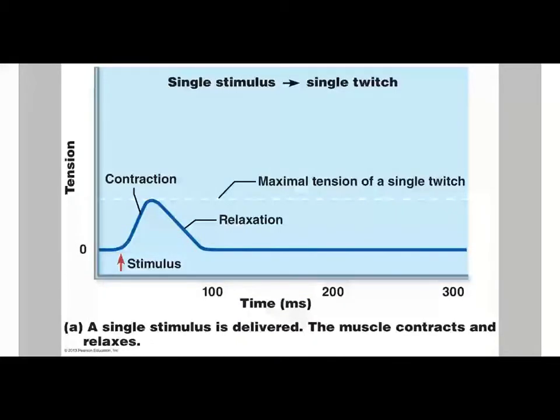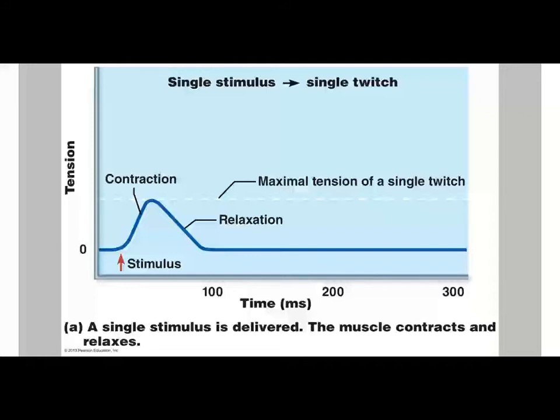This graph is still of a single twitch, the result of contraction from a single stimulus, but it's showing us how quickly that happens, and it's showing us the tension that builds within that muscle cell. So here's when the stimulus arrives, and then we go all the way back to relaxation, and that takes just shy of 100 milliseconds.